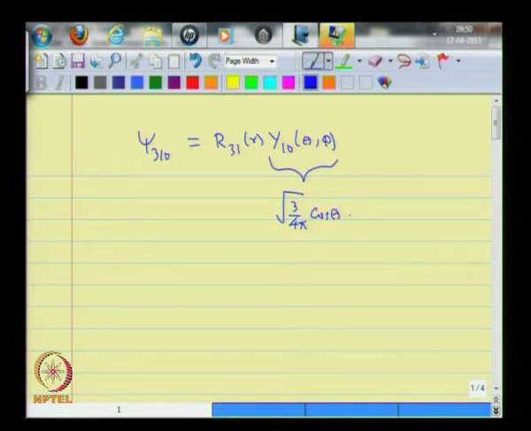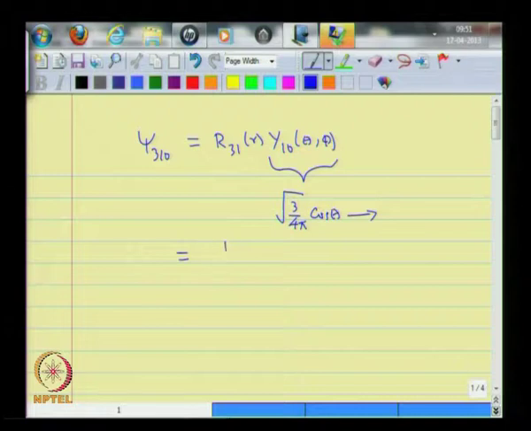This is just the same angle dependence that appeared in the case of the 2pz atomic orbital, and therefore we should realize that this is a 3pz atomic orbital that we are going to have. The angular dependence we have already discussed, so I am not going to discuss that, but you can look up R31 from tables and write the expression for the total wave function.